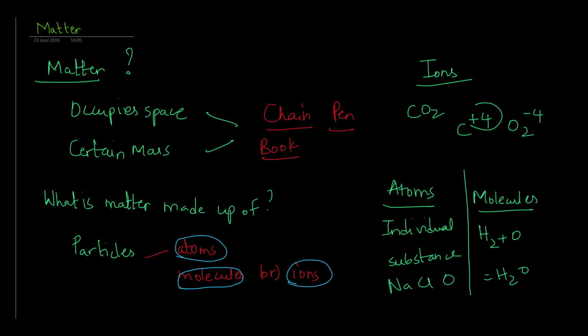So this is called anion and this is called cation. Okay. So we'll discuss this in our next topics. So I hope everyone understood what matter is made up of. Matter is made up of atoms, molecules and ions.